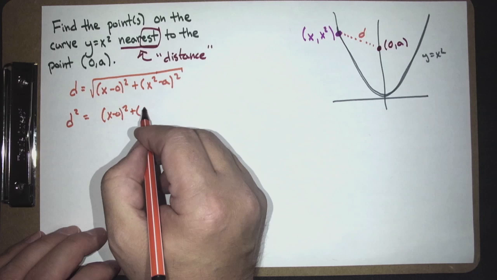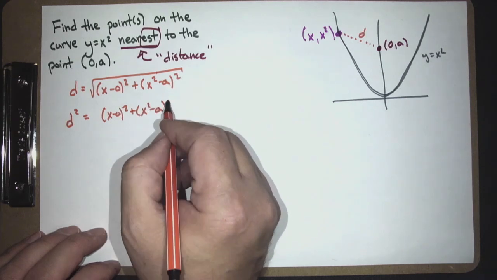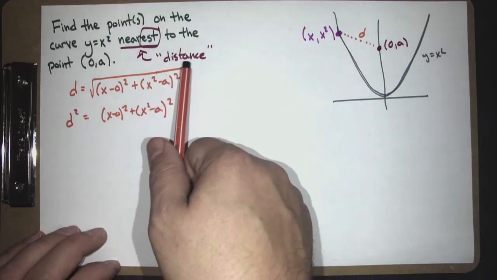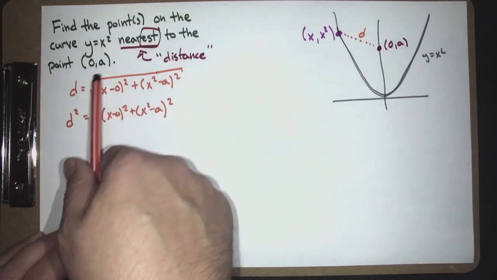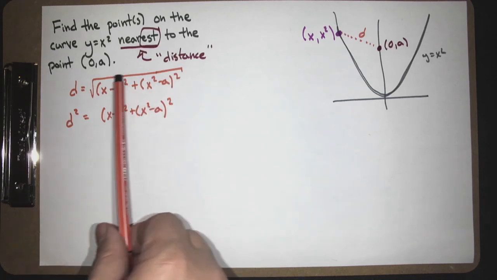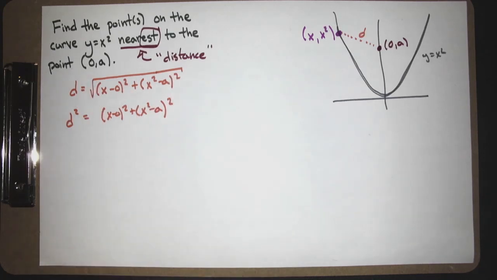Now, question for you. If I make this as small as possible, will I also make this as small as possible? So in other words, if I'm minimizing the square of the distance, will I also minimize distance? Yes. Because if you're trying to make distance as small as possible, the way you do it is make what's inside the square root as small as possible.